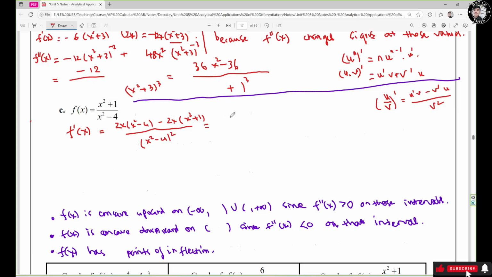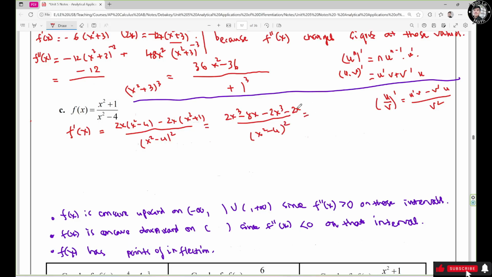Now I need to simplify this one, so it will be 2s cubed minus 8s minus 2s cubed minus 2s, right? Over (s squared minus 4) altogether squared, right?